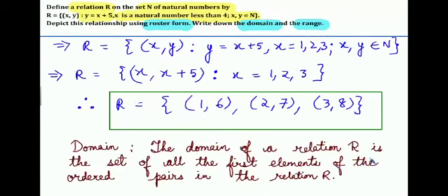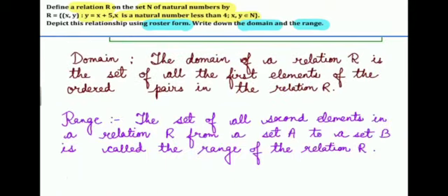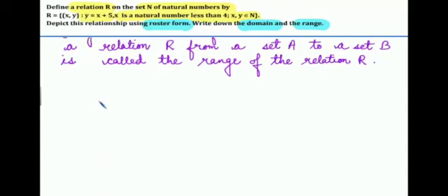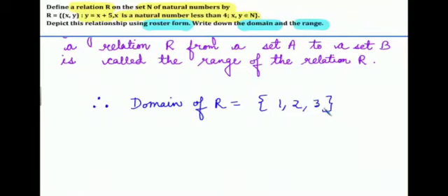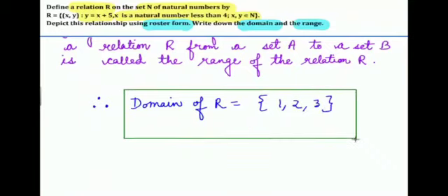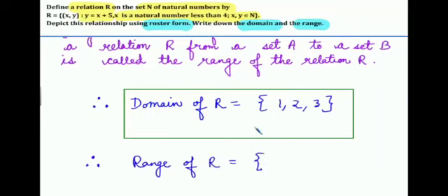So recall the definition of the domain. The domain of a relation R is the set of all the first elements of the ordered pairs in the relation R, and range, the set of all second elements in a relation R from a set A to set B, is called the range of the relation R. So the domain of this relation is equal to 1, 2 and 3, and the range of relation R is equal to 6, 7 and 8.